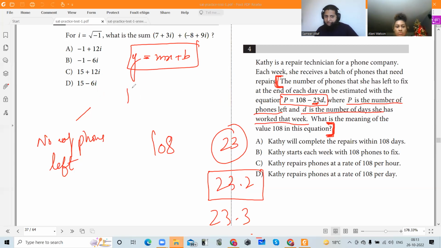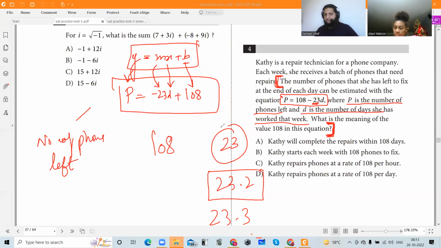Since b is a constant, it's a number, so we'll be writing 108 for b. And mx is negative 23d, so negative 23d plus 108. So y is P, m is negative 23, x is d, b is 108.